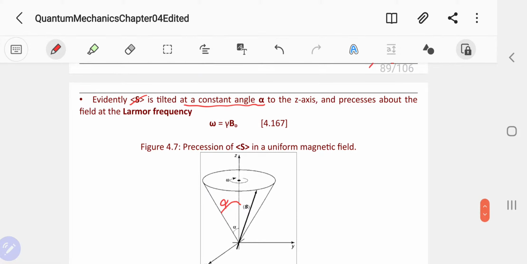And this S will revolve around the z-axis, the tilt will revolve around the z-axis with frequency omega equal to gamma B0, and this one is called the Larmor frequency. That is the Larmor frequency.